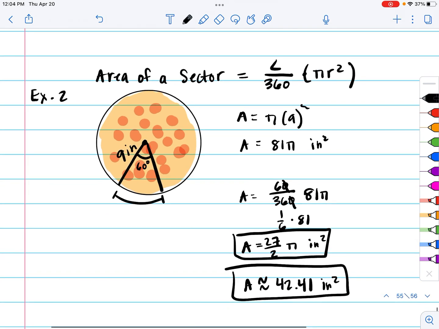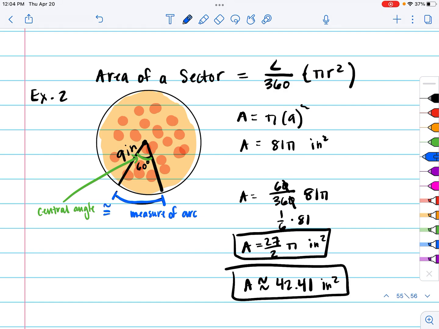All right. So another thing I did forget to mention is that this 60 degrees, this angle here, is what we call a central angle. Okay? And then in blue, I'm going to call this particular piece of the crust the measure of the arc, because it's like the arc of the crust.